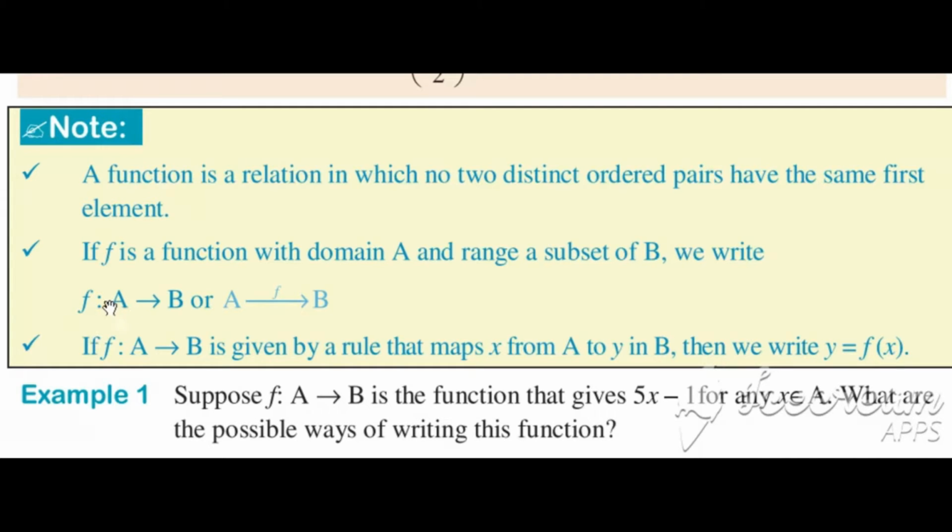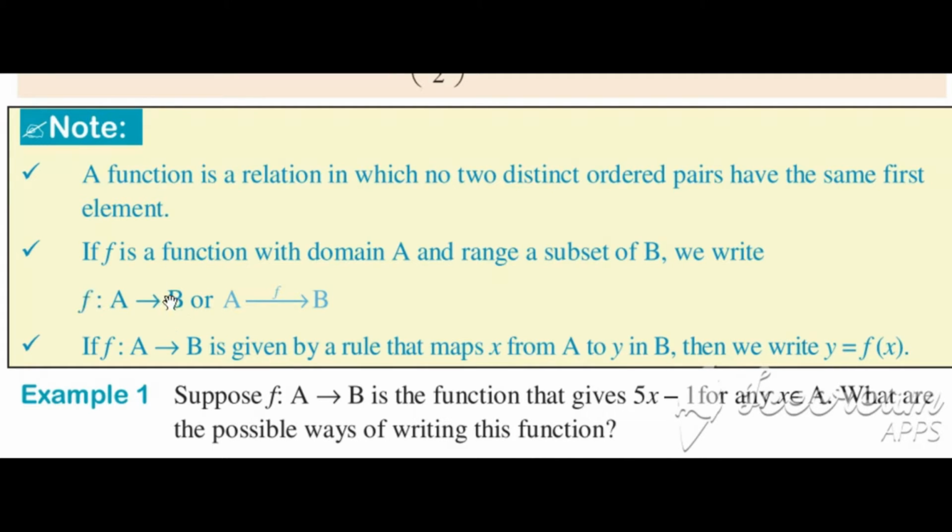If the given relation f is a function, A must be the domain of the given function, and the range of the function is a subset of the codomain B. A must be the domain of f.